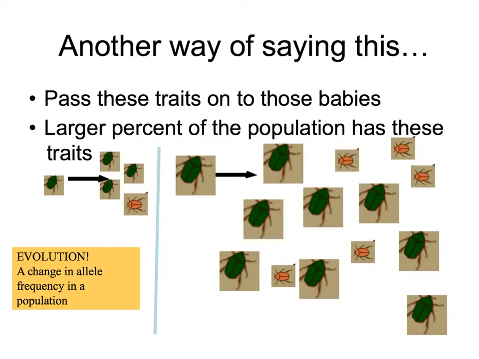We see that the smaller male beetle does get to reproduce, but not as often as the larger beetle. This means that the larger beetle will pass his genes on more often than the smaller beetle. This will cause a change in the population over time, and we'll see that the overall allele frequency will shift with larger beetles and larger alleles being more frequent.